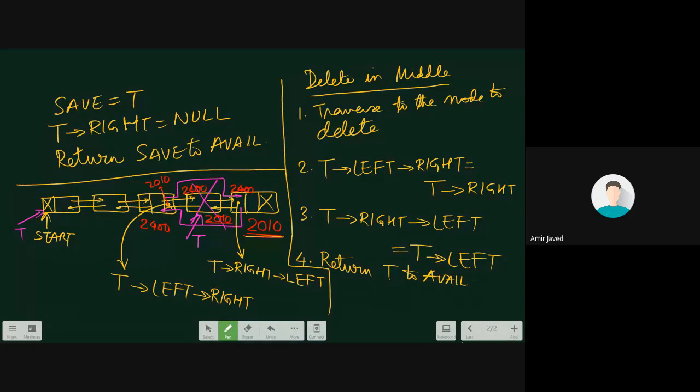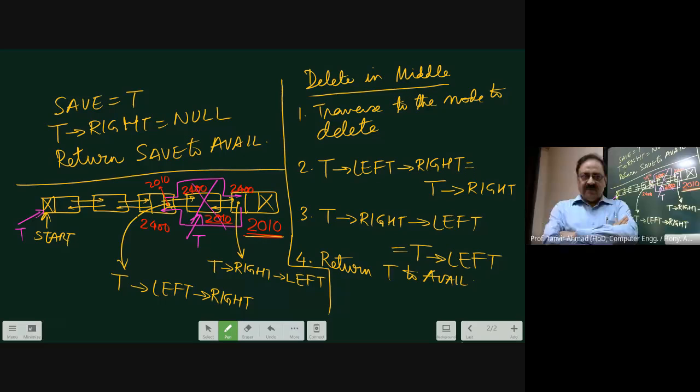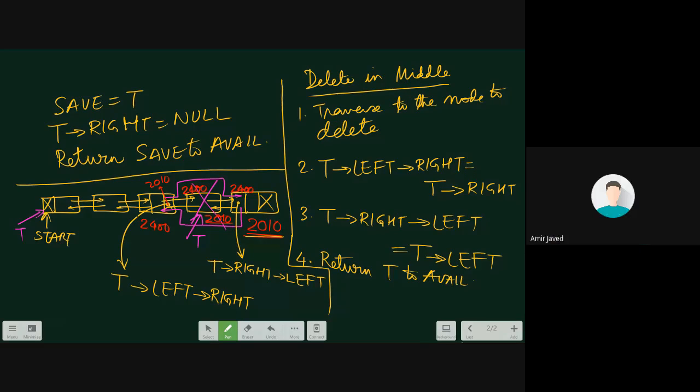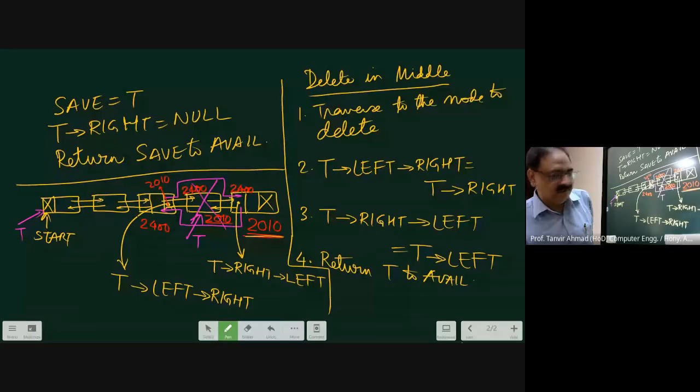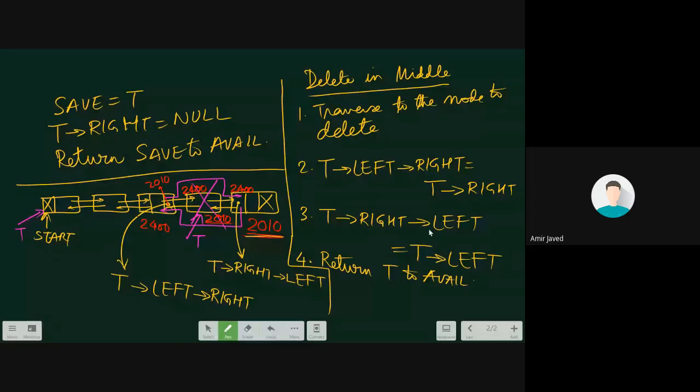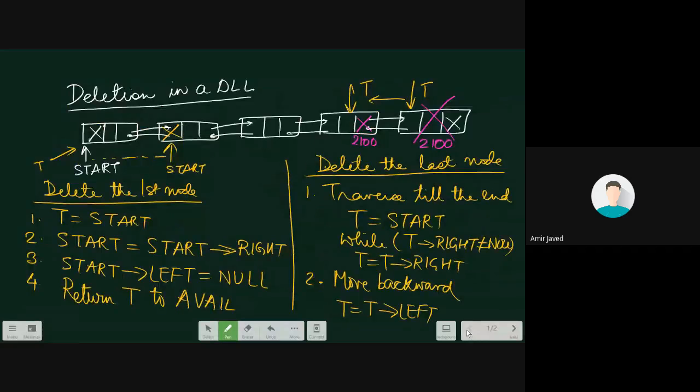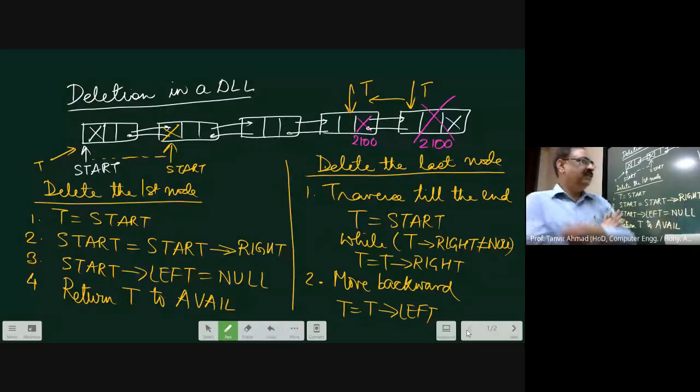Sir, the way we have done the delete at end of the doubly linked list here, it will delete the second last node if we return save to avail. Delete at end? Just a minute. Okay, this one. Yes, sir. Let me check it out. I will traverse to the end. Okay, I am there. Then I move one before that.